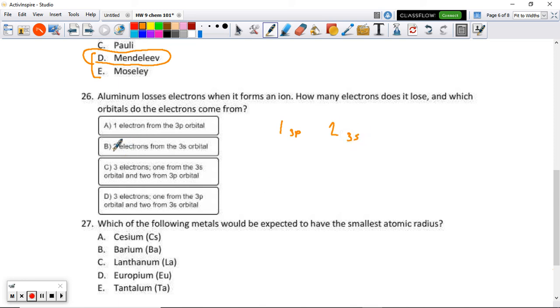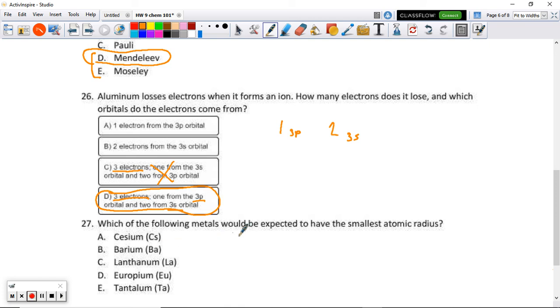One electron from the 3p is sort of correct, but not completely correct. It's going to lose 3 electrons total, 1 from 3p and 2 from 3s. So D is your correct answer.